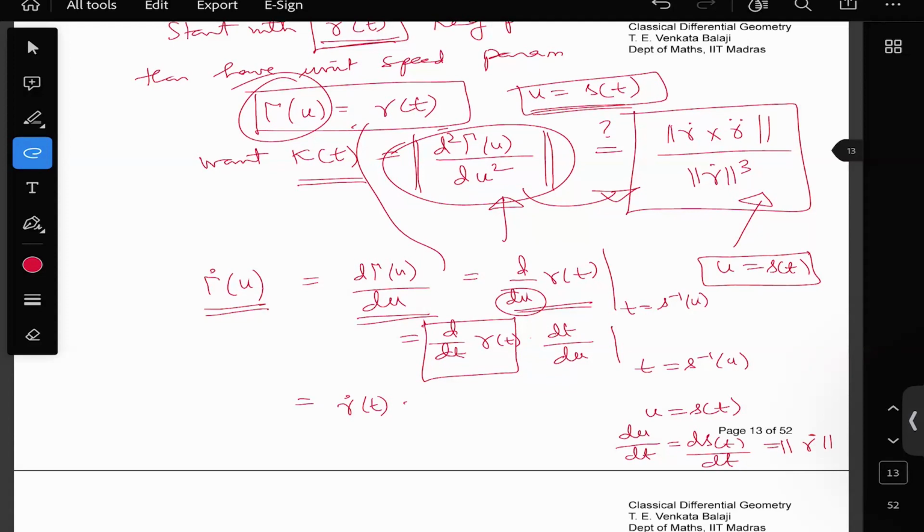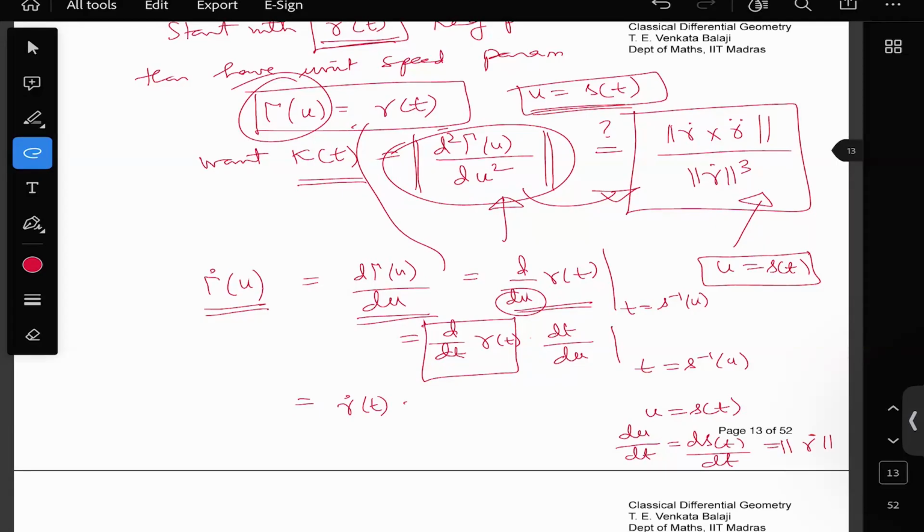Don't think that dt by du is actually the quantity dt divided by the quantity du. It's not like that, of course. It is an operator, and when I say dt by du is 1 by du by dt, this is actually the chain rule applied to the fact that u and t can be inverted.